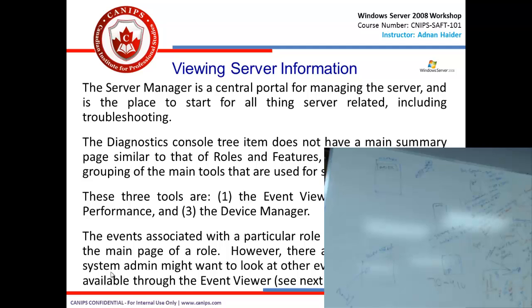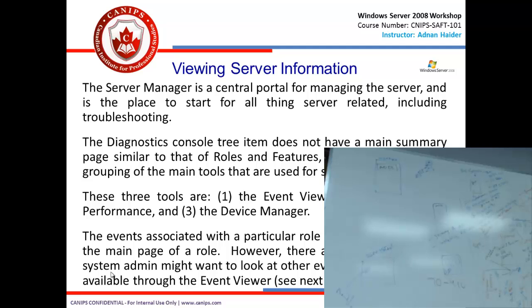So in this environment, I have 1, 2, 3, 4, 5, 6 members, 2 DCs, and 1 DHCP. This is how we know that servers are known by the role they have.